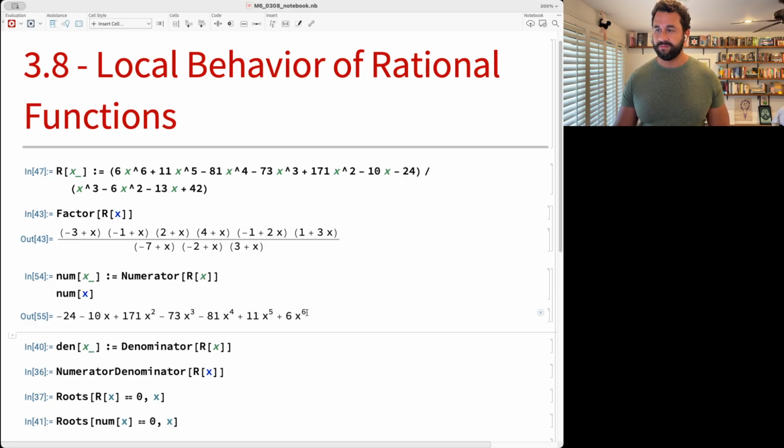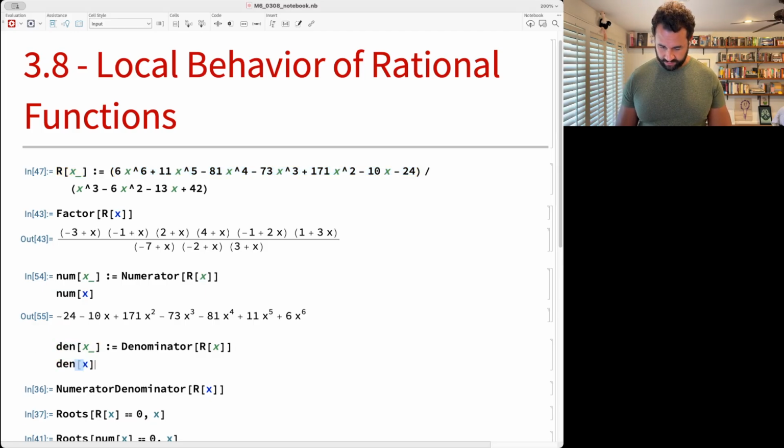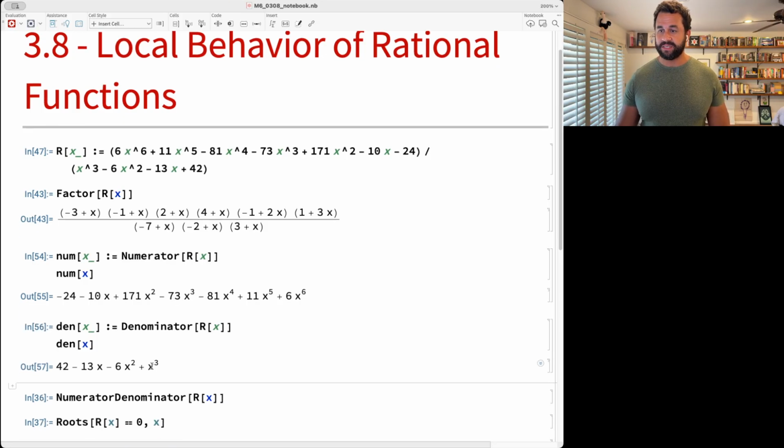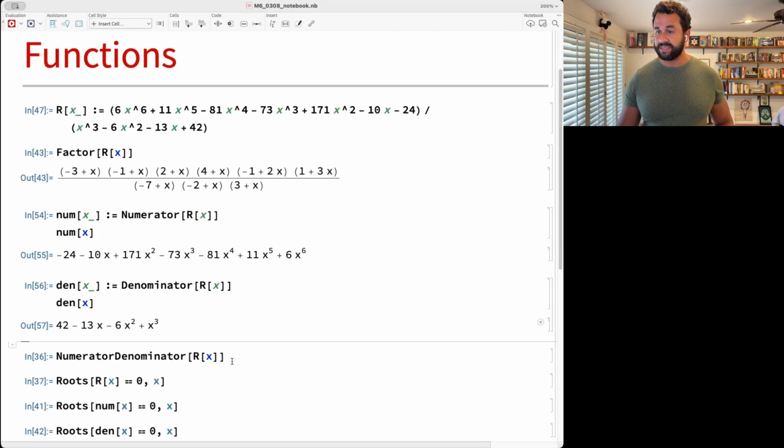So there you go. Then it spits out the numerator. No changes here. It just spits out what the numerator is. But remember, Mathematica writes it in like reverse standard form. There you go. So then Denominator, same thing like that. I'm going to have it run it, and it just picks out the denominator. The utility of these is straightforward. If you need to pick out the numerator and denominator, you can. And then same thing here.